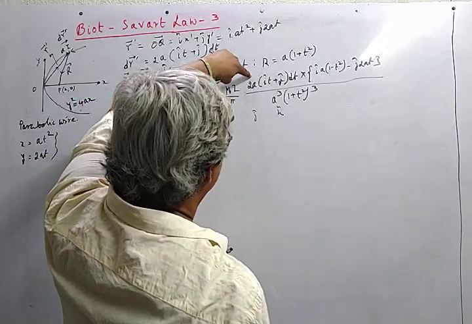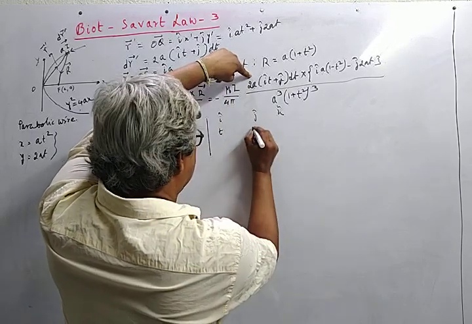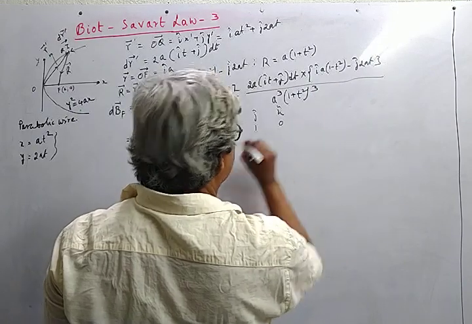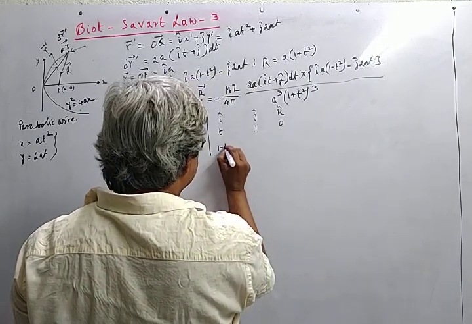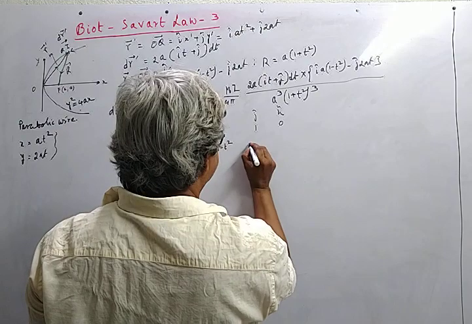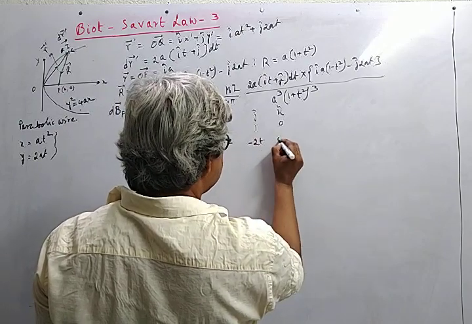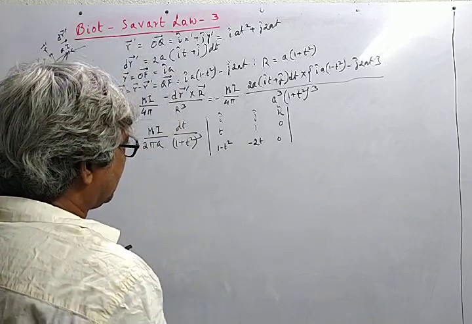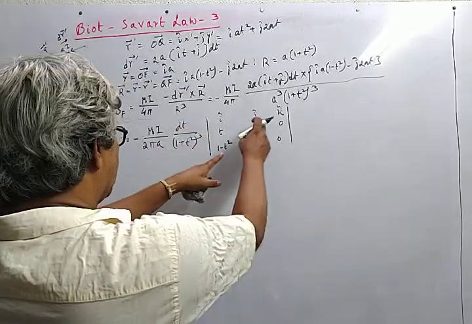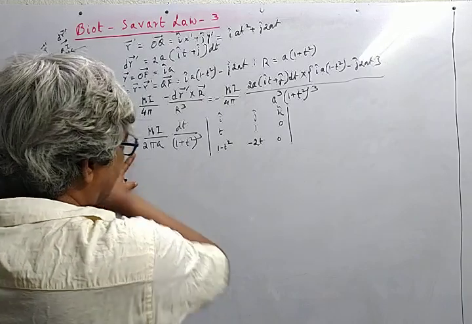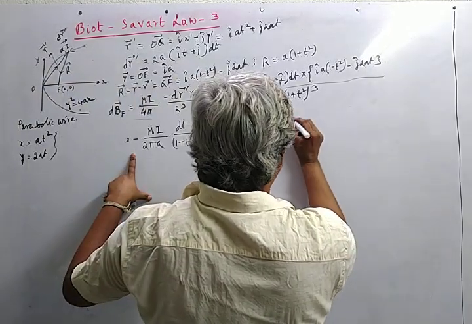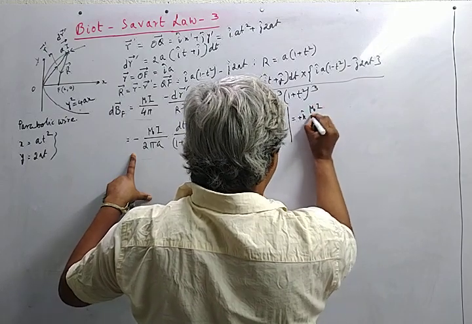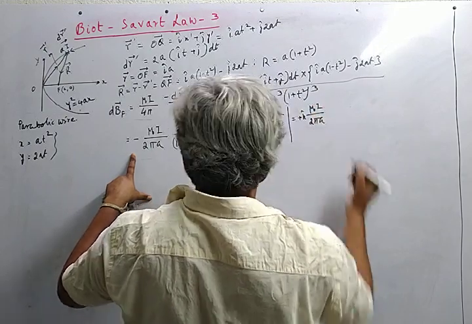Two has been taken care of, this has been taken care of, so this is t i cap plus j cap, and here a has been taken care of, so this is 1 minus t square, minus 2t. Clearly it will have only the z component, and both the terms will be negative, which adjusts with this negative sign. So this is plus k cap mu 0 I upon 2 pi a.